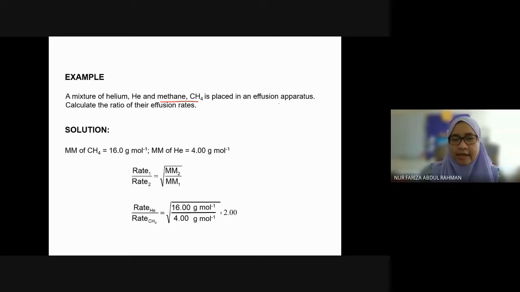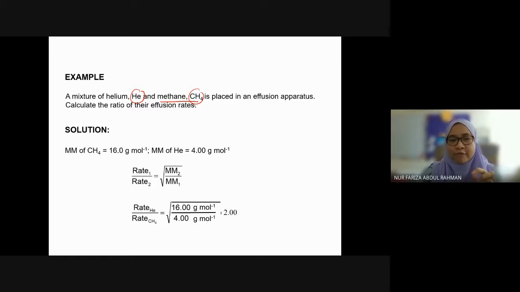Okay, moving on, we have another example. A mixture of helium and methane is placed in an effusion apparatus. Calculate the ratio of their effusion rates. The given information is not obvious, but actually these two are known gases. Known gases means the molar mass should be known.